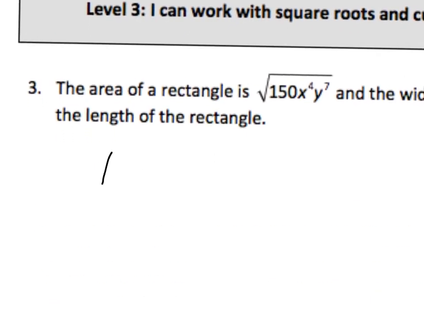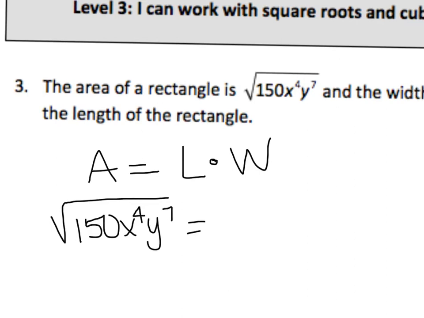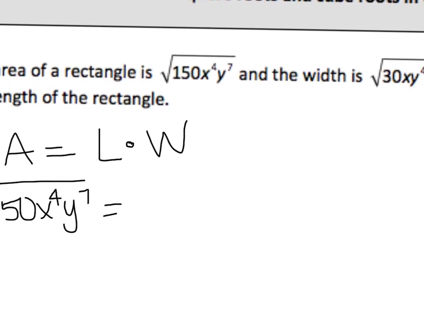If the area of a rectangle is the length times the width, and I'm going to plug in what I know. I know the area is the square root of 150 x to the 4th y to the 7th. I don't know the length, but I know the width is square root of 30 xy to the 4th.